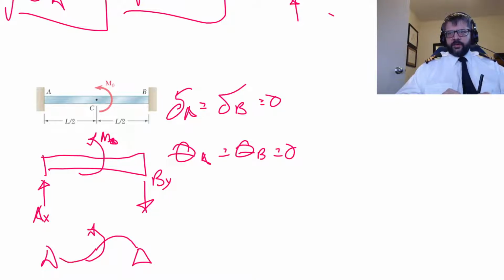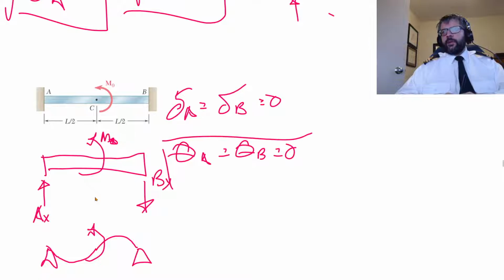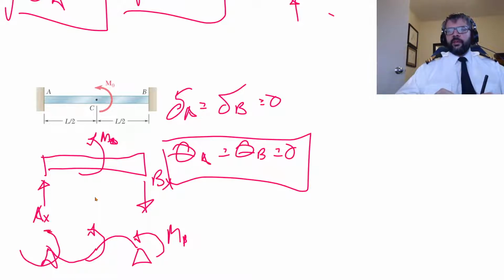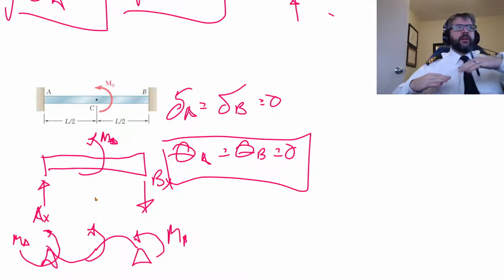This is an exaggeration, but it'd do something like this. But it can't do that because of this compatibility condition. So in essence, we're going to need to apply additional moments that counteract that tendency to rotate there. So we're going to have an MB there, and we're going to have an MA there that counteracts that.